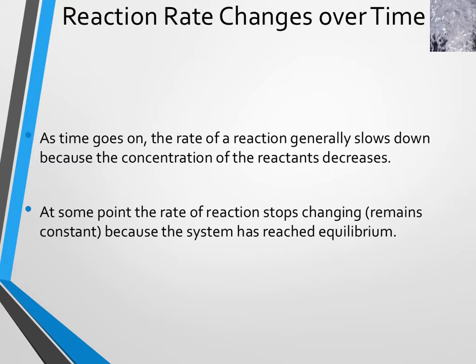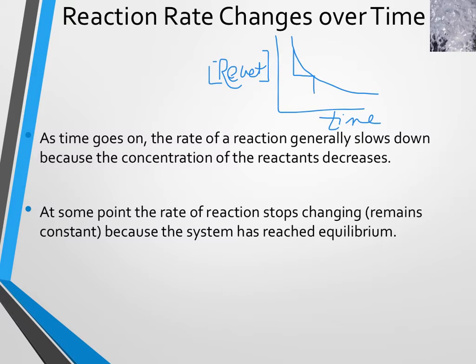So if you plot concentration of reactant versus time, it's not a straight line, it is a curved line. So basically, the rate, which is the slope of this, decreases over time. So the rate slows down over time.